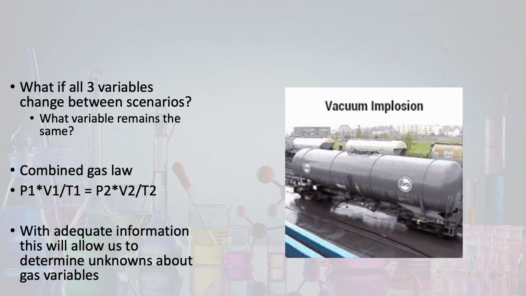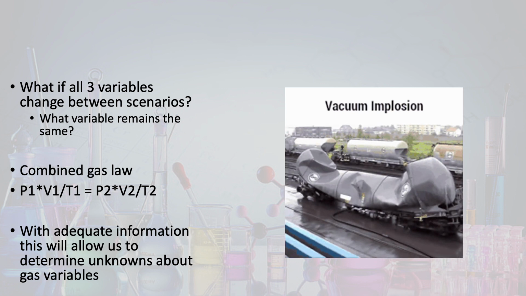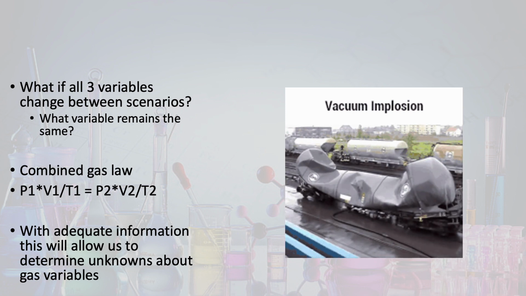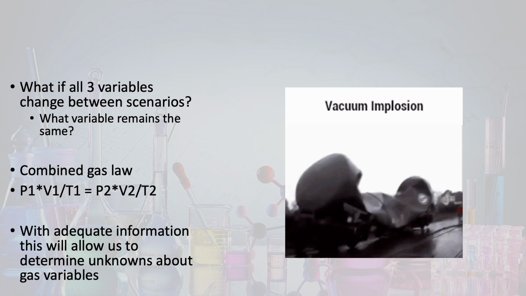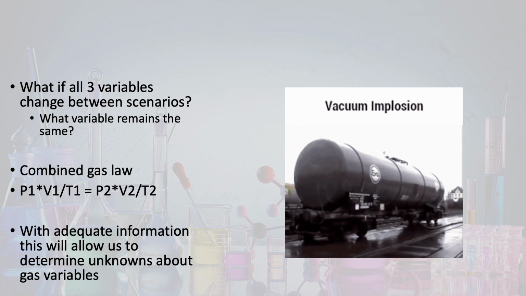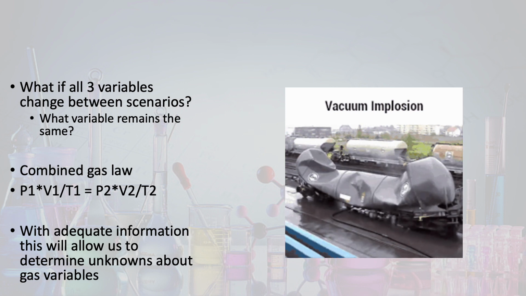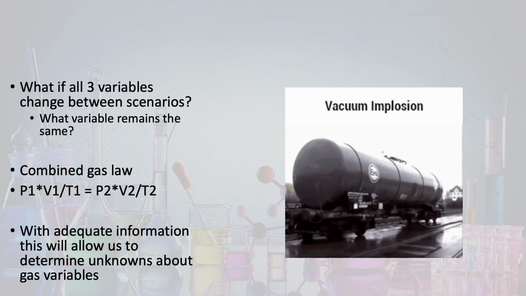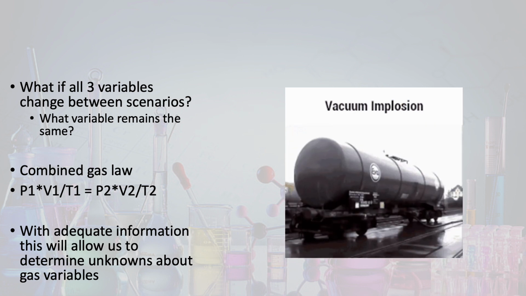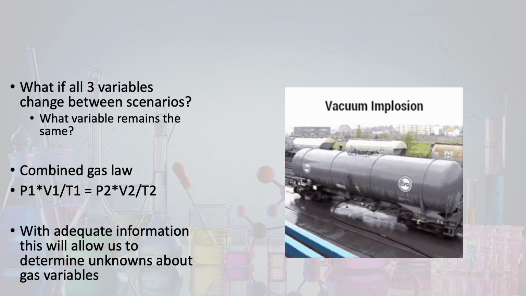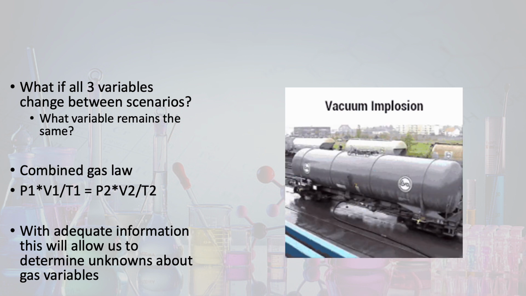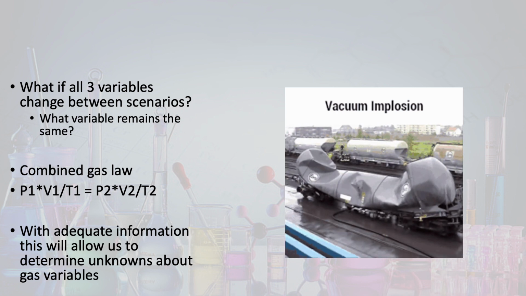Then as that water vapor begins to cool and condense, the pressure drops, and you see a drastic change in the overall shape or volume of this tanker. So our pressure decreases, our volume ends up decreasing, and our temperature also decreases to induce that decrease in volume and pressure.